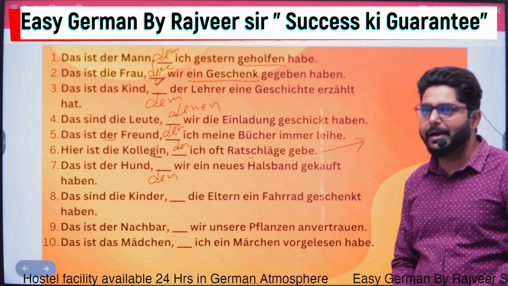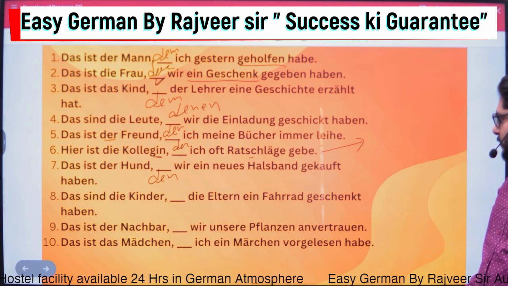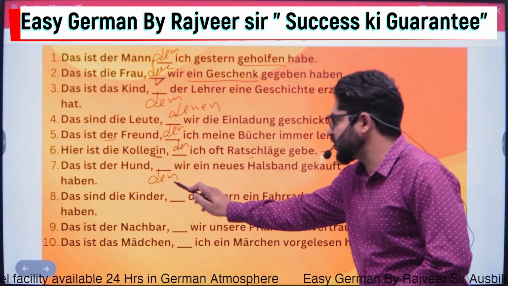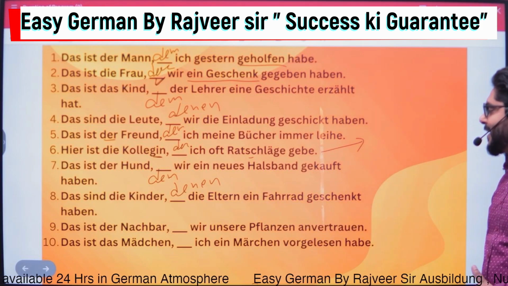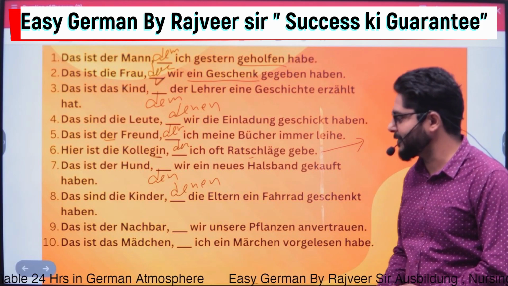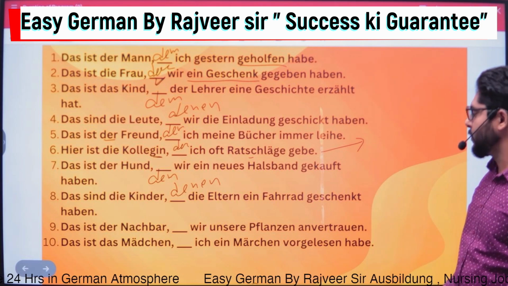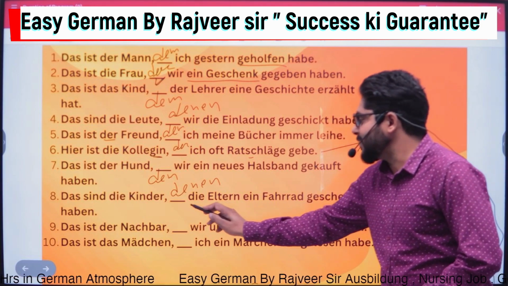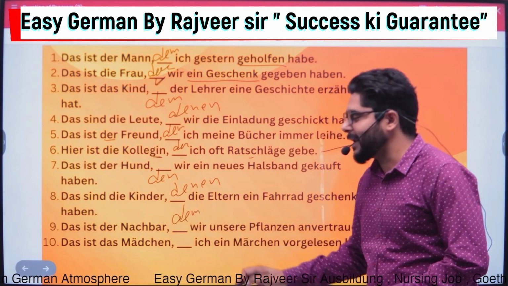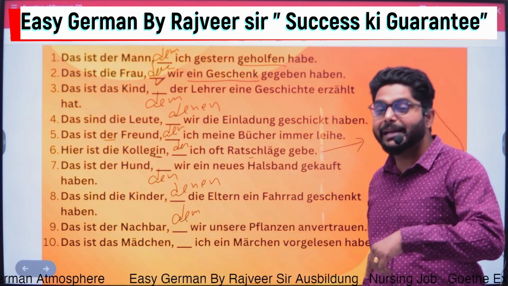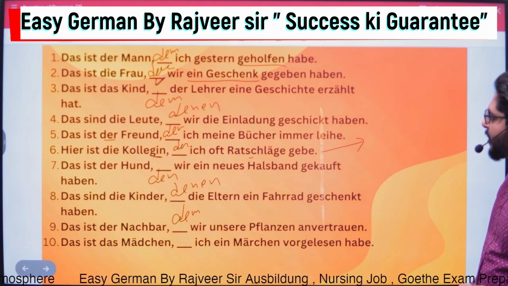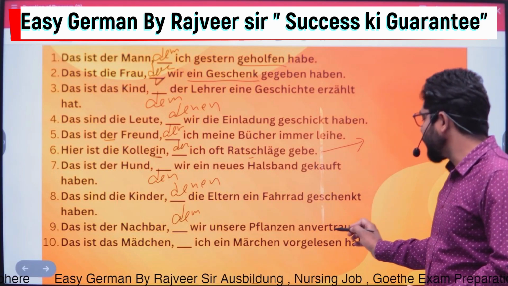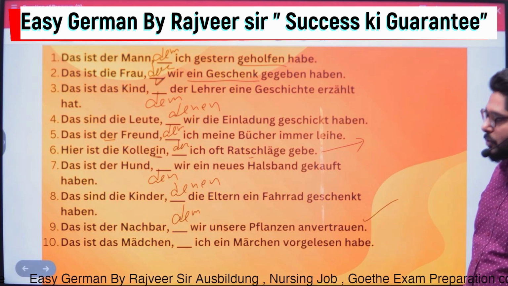Next one, das sind die Kinder, denen, because this is plural. So das sind die Kinder, denen die Eltern ein Fahrrad geschenkt haben. Next one, das ist der Nachbar, dem, because Nachbar is masculine here. If Nachbarin is coming, then it is feminine. So das ist der Nachbar, dem wir unsere Pflanzen anvertrauen. Vertrauen means to trust, to have trust.